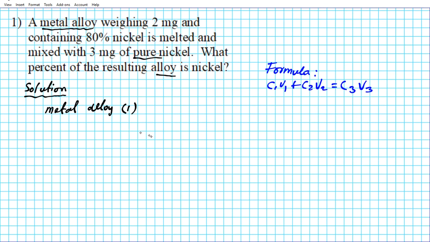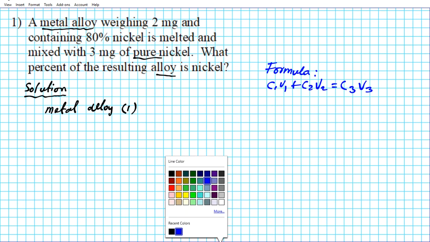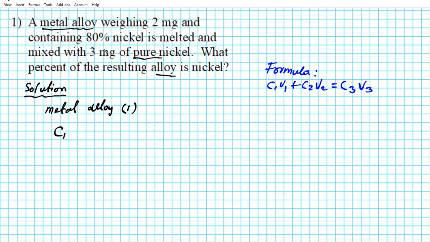The metal alloy is our first substance. So the concentration C1 is the concentration of nickel in this metal alloy. How much nickel is there? The concentration is 80%, so C1 is 80%, but we have to convert this to decimal form, which means we move the decimal point to the left 2 places.